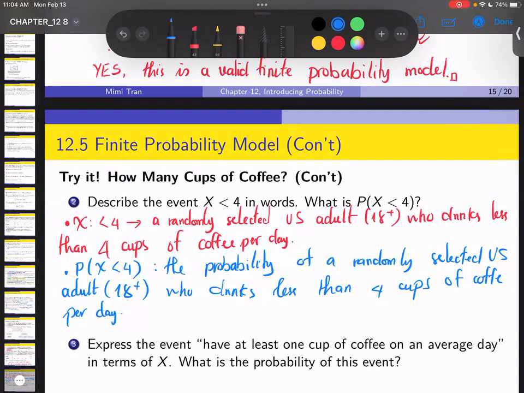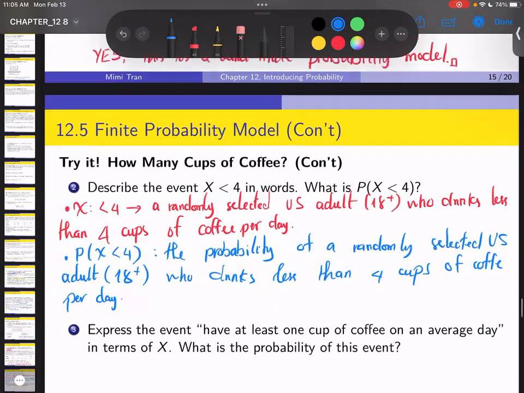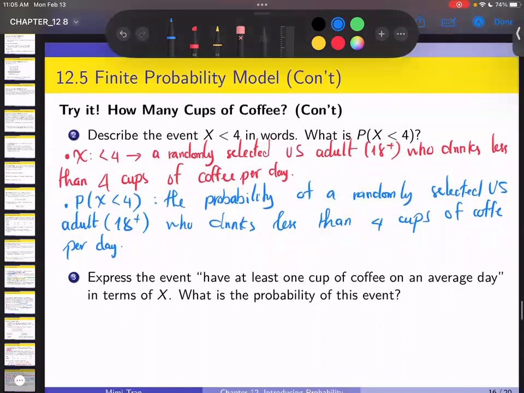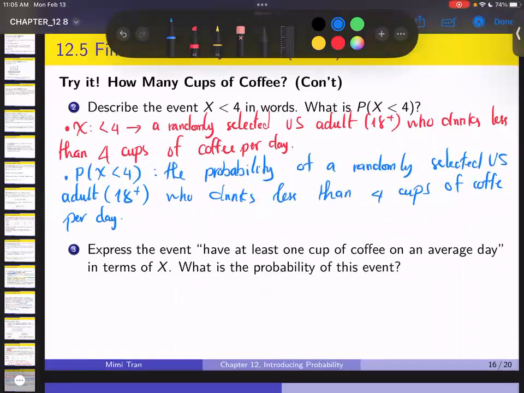So that's from math to English. Now we're going to go backwards. Now I give you English, and you translate it into math. Express the event, have at least 1 cup of coffee on an average day, in terms of X. Well, X is the number of cups a randomly selected US person, 18 or over, drinks.